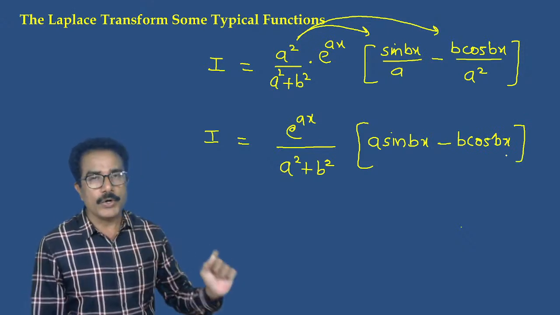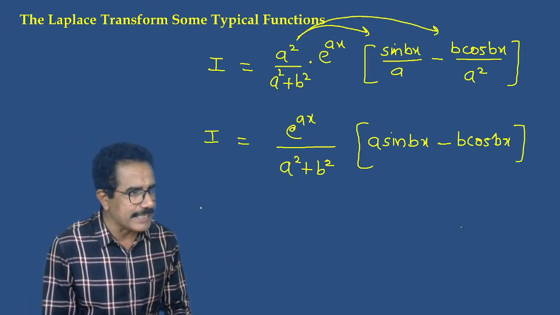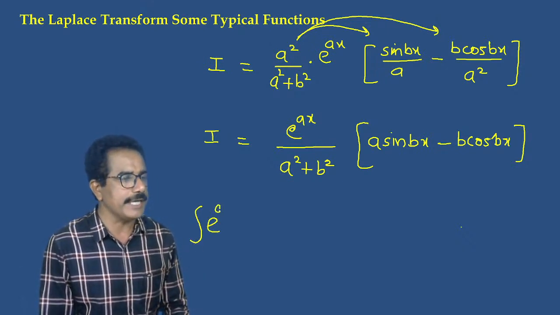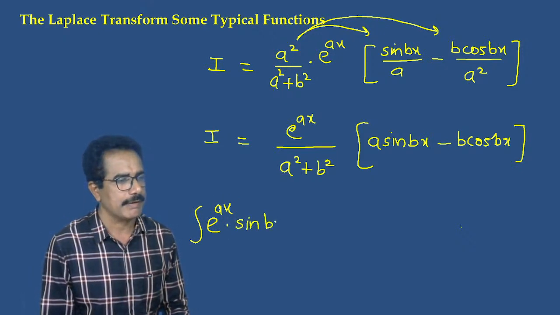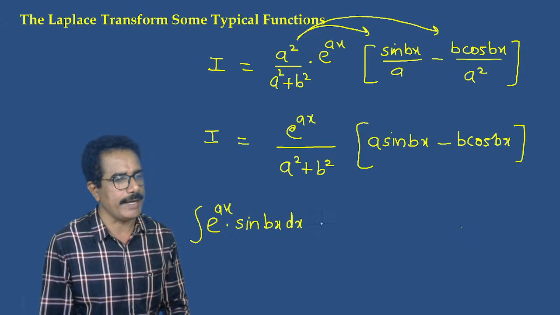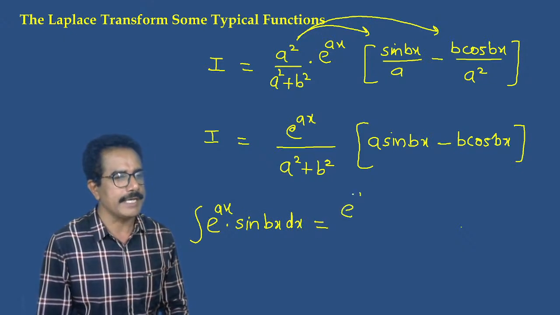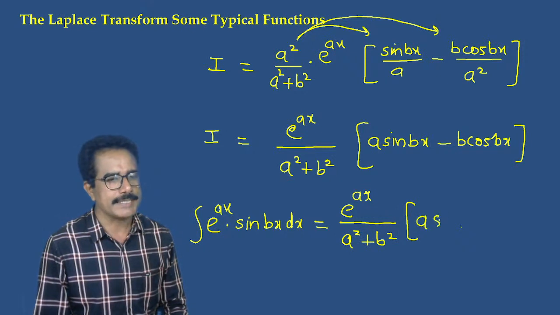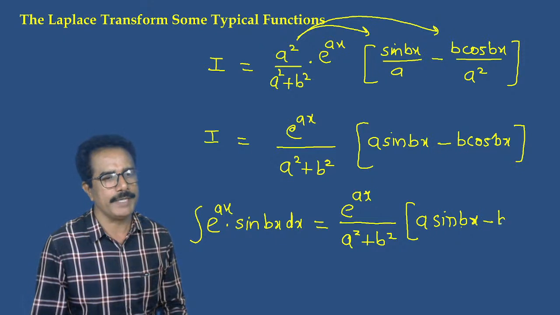Okay, so we get the final result, that is a main formula, integration of e raised to ax into sin bx with respect to x, which will be e raised to ax divided by a square plus b square into a sin bx minus b cos bx.